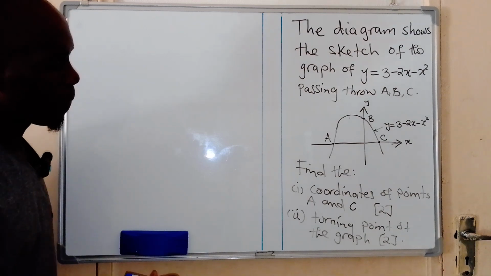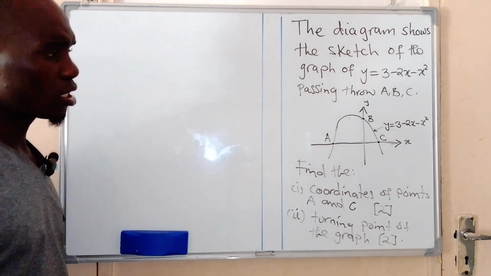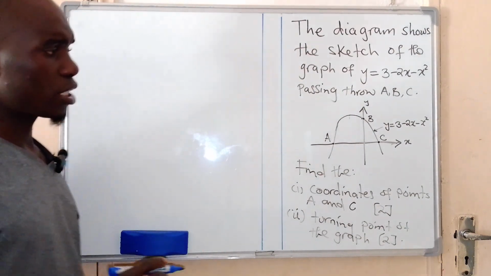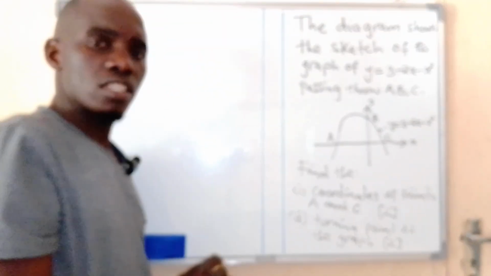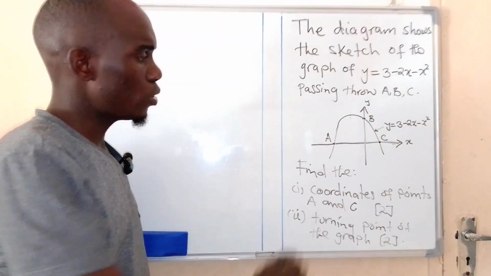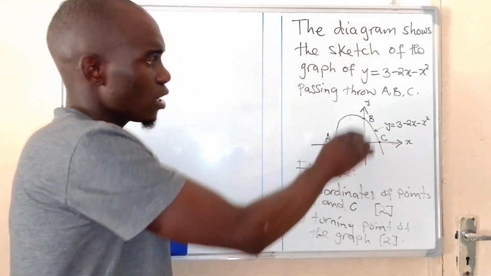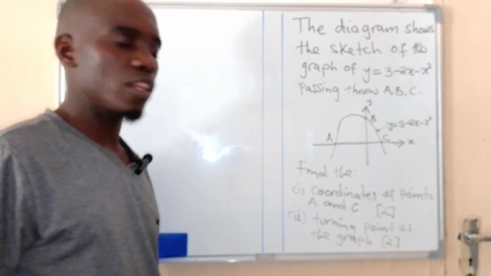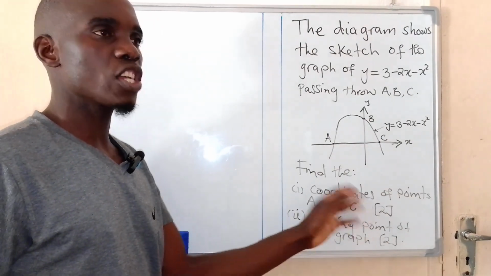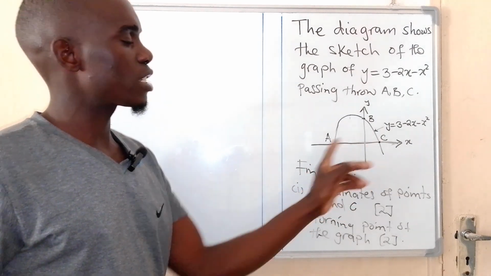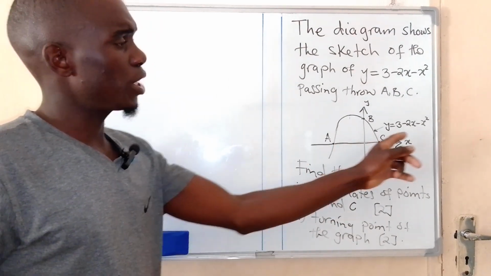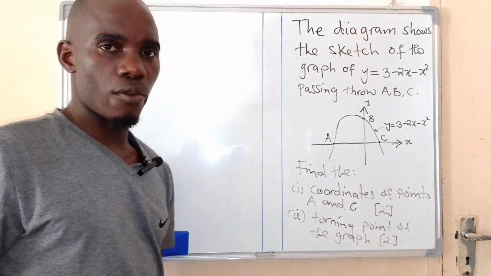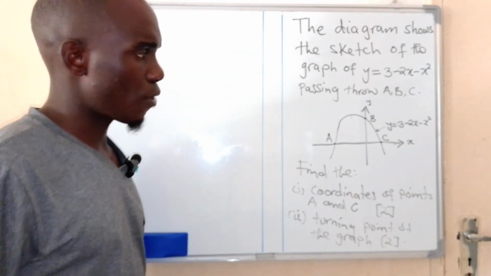the first question. How do we go about it? It is good to note that y is equal to 0 along the x-axis. So along this line, y is equal to 0. For us to know the points at which the curve is touching the x-axis, we must equate this equation to 0 and solve that quadratic.